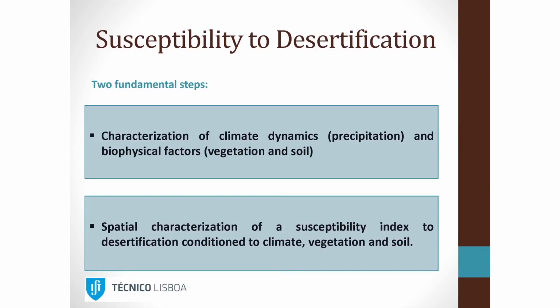I think that you've been talking a little bit about this before in the previous presentation, so this is not new. In our case, we define two fundamental steps. First, we characterize the climate dynamics mainly through precipitation, because many times desertification is associated with the shortage of water, and through biophysical factors, characterizing vegetation and or soil, depending on the land cover status.